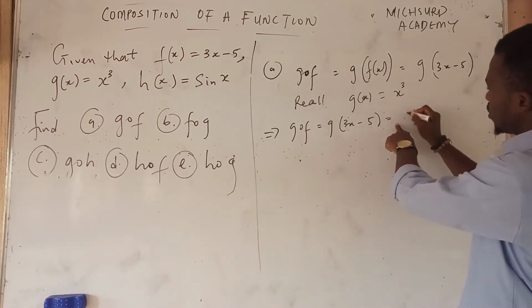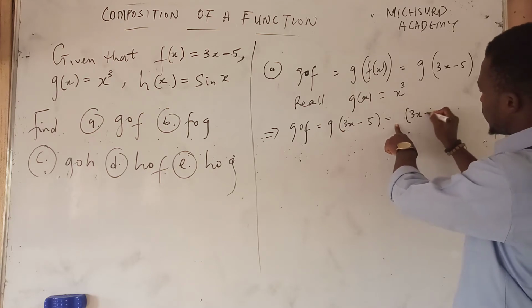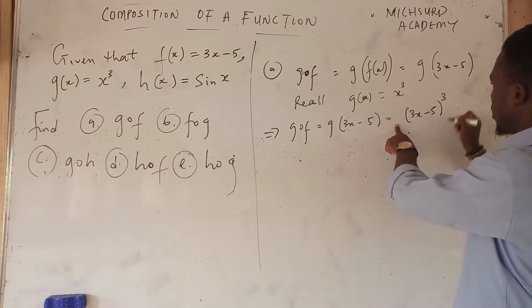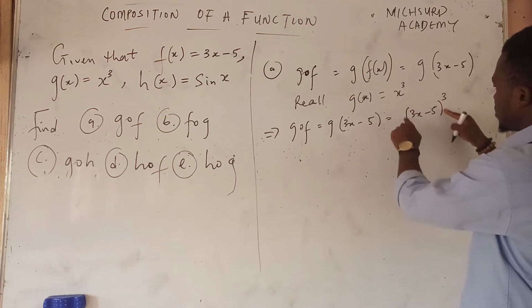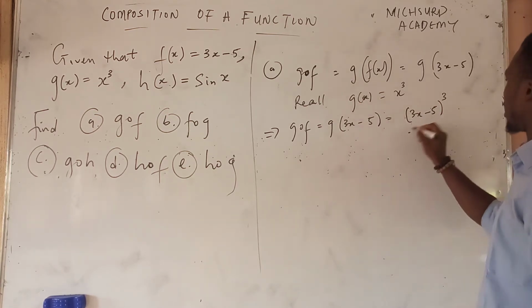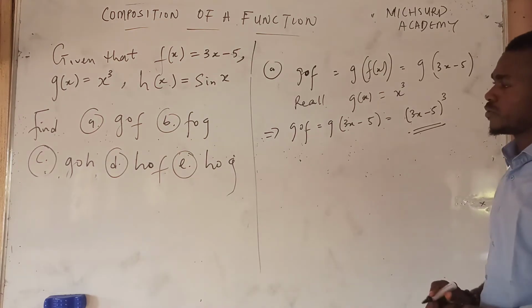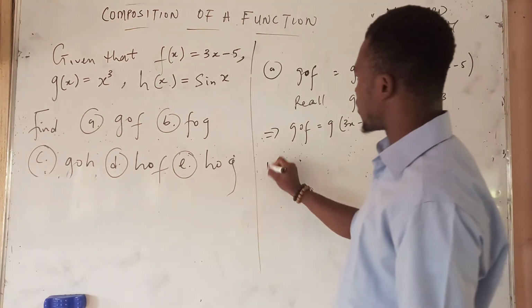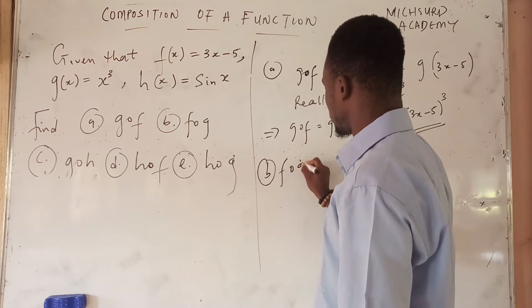So it will be 3x minus 5 all raised to the power of 3, because we are treating all this as x. So that's how we compose the function.